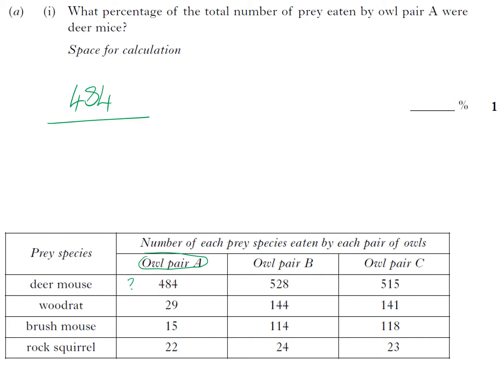So the total number, grab calculator, what we've got, 484 plus 29 plus 15 plus 22, 550. You know it's going to be a pretty massive number when you do this, because 484 out of 550 is quite high. And sure enough, 88%.